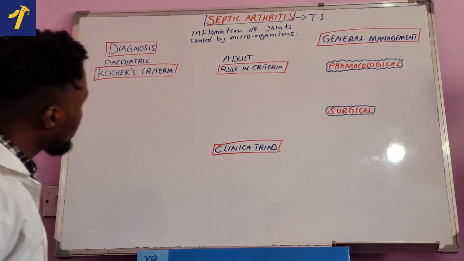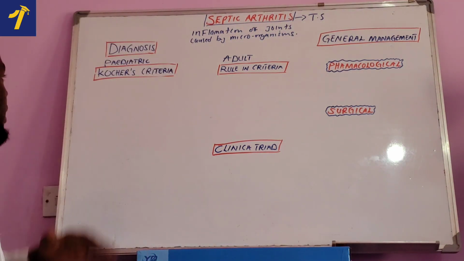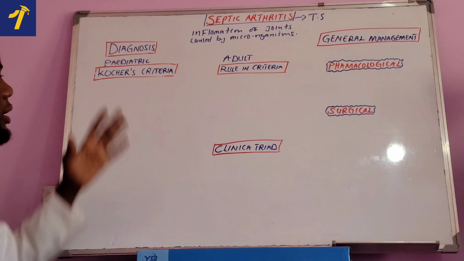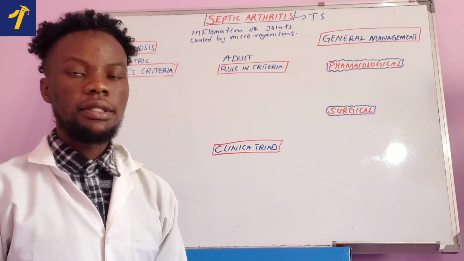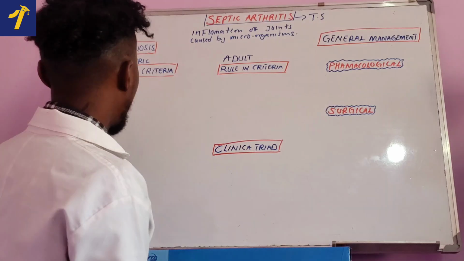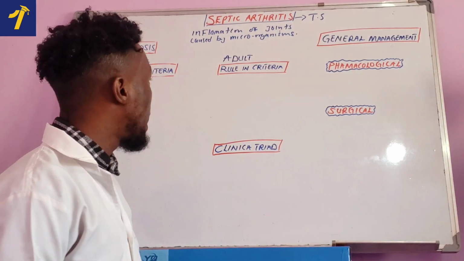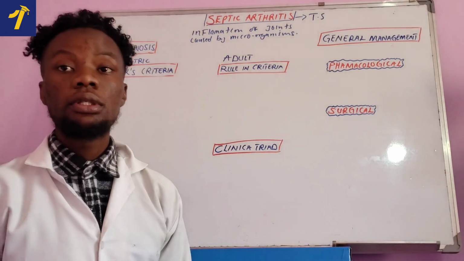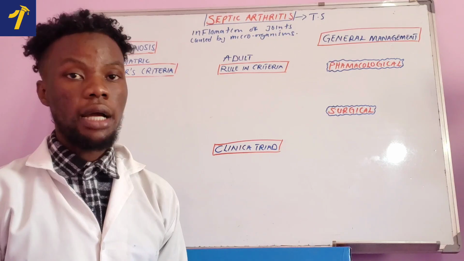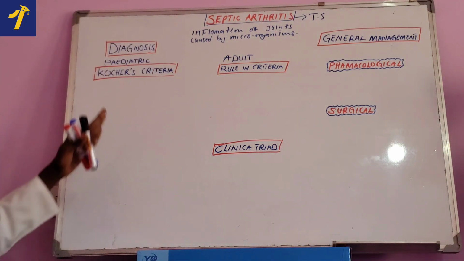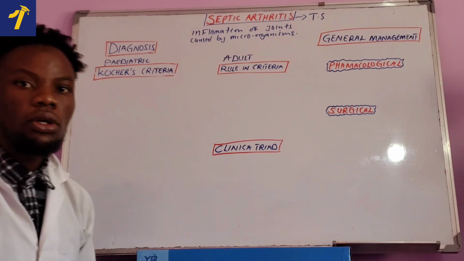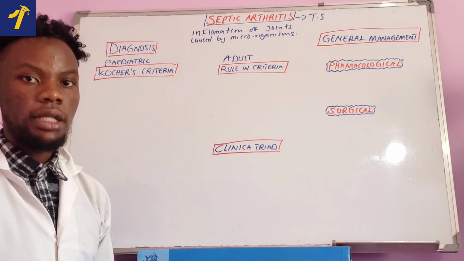All right. Now we go to the diagnosis. We can categorize the diagnosis of septic arthritis into two: the pediatric population diagnosis as well as the adult population diagnosis. In pediatrics, we've got a certain criteria that we follow, which we call Kocher's criteria.